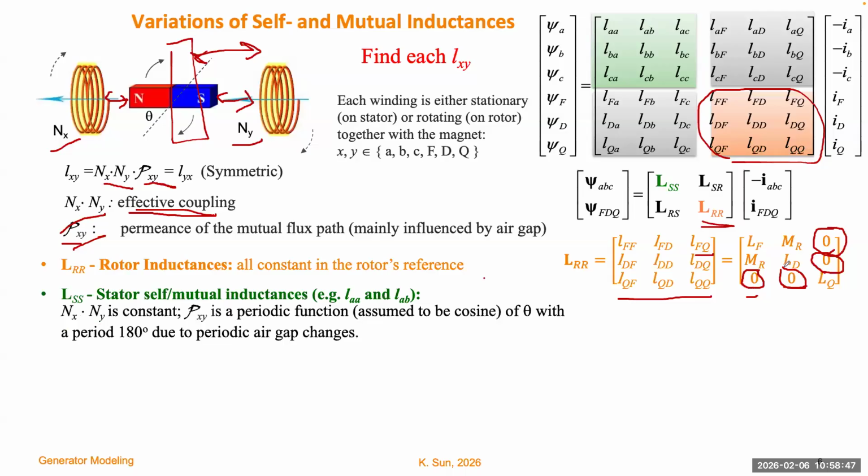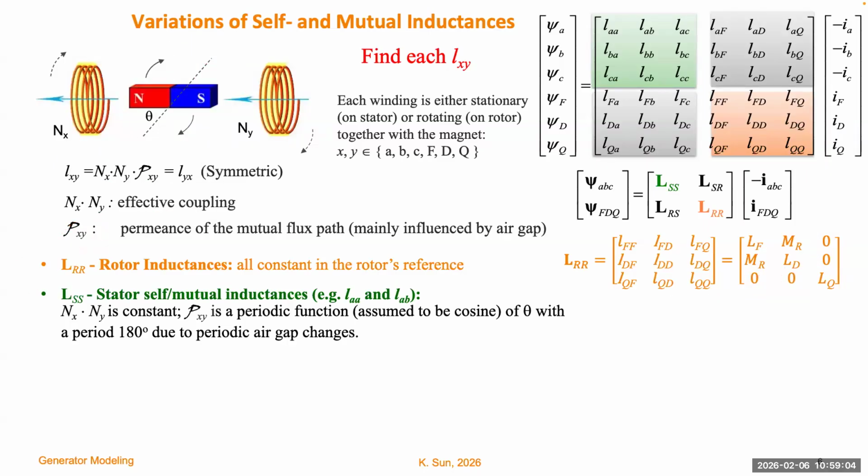Second, the block in the green box. This indicates all the inductances involving only stator windings, not rotor windings. For this case, the two windings will not change. Only the rotor will revolve, like this.